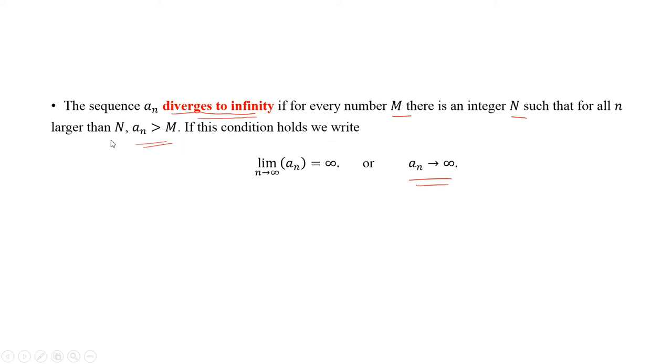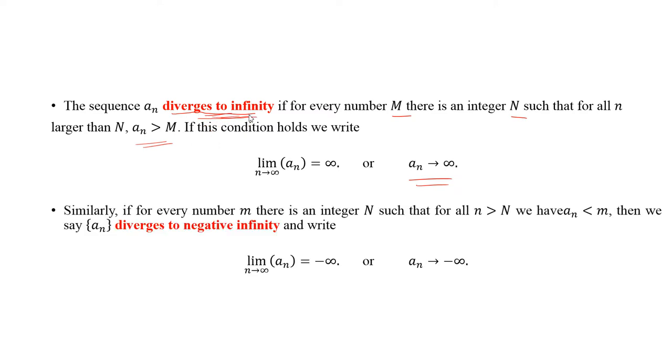That is, if the value of the term increases indefinitely as n increases, then the limiting value of the nth term is infinite as n approaches infinity. Such a sequence is called a sequence that diverges to infinity.